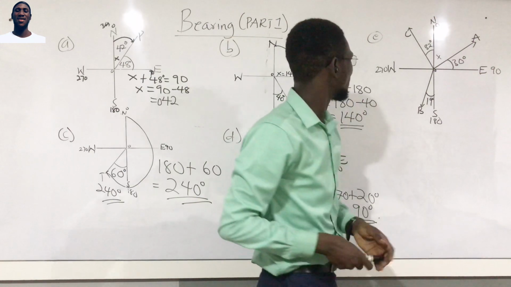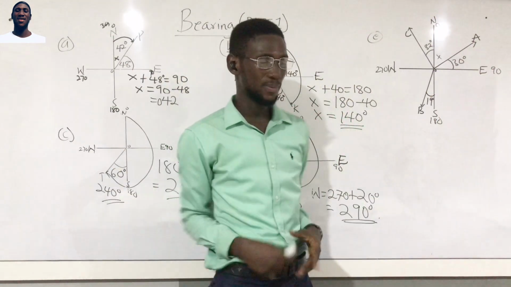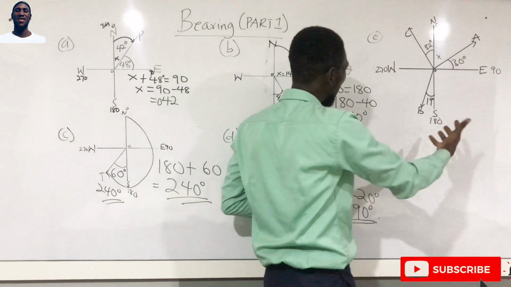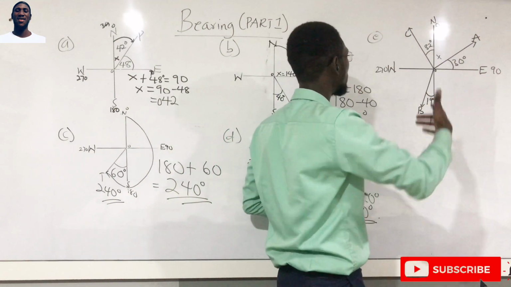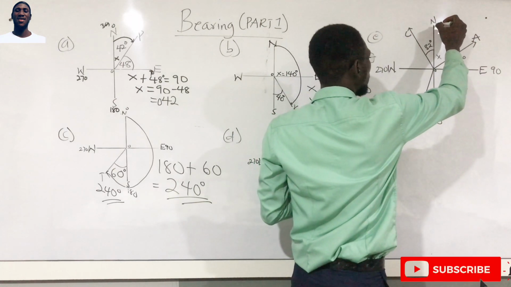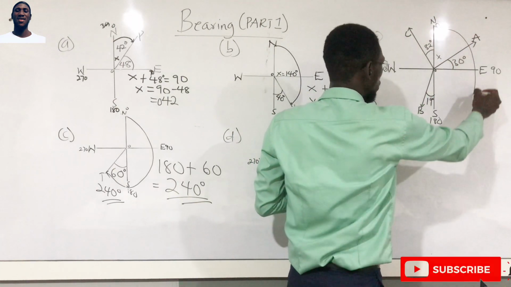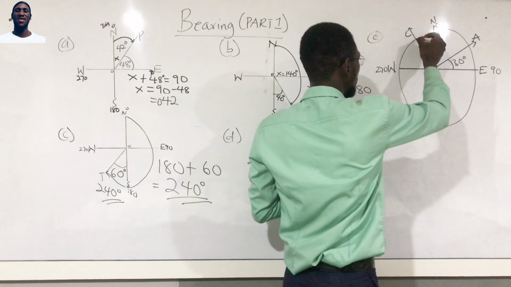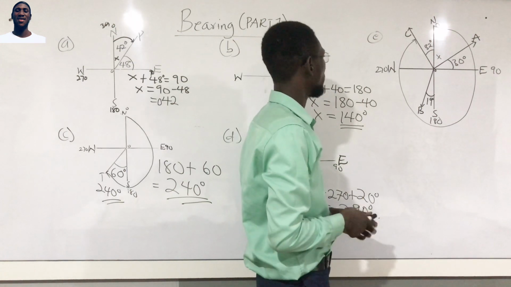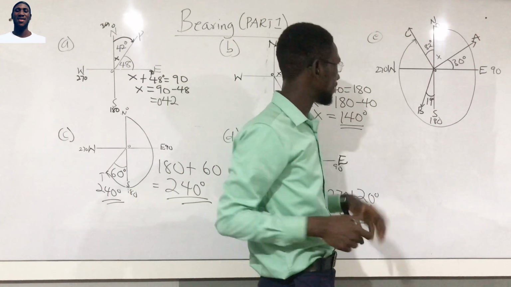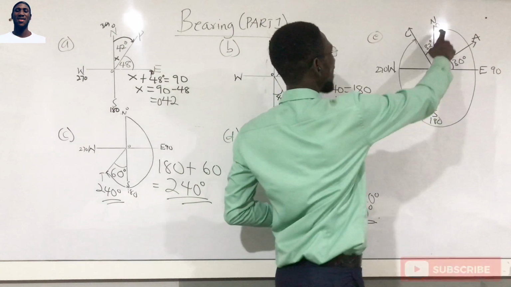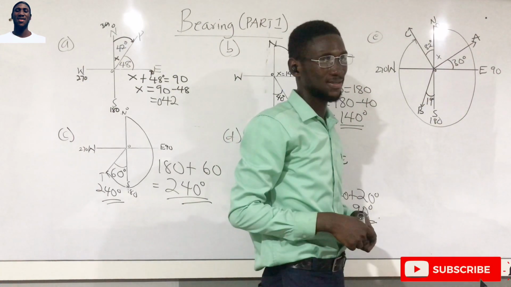Now let's look at the C. I think we haven't solved a type like the C. Again, we always take our bearings, our directions, from the north. So from the north up to our C. Now you do realize that everything is 360, right?